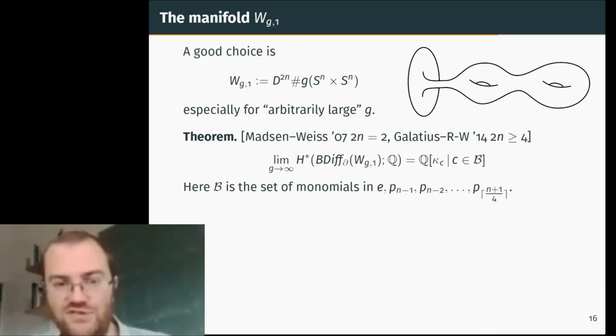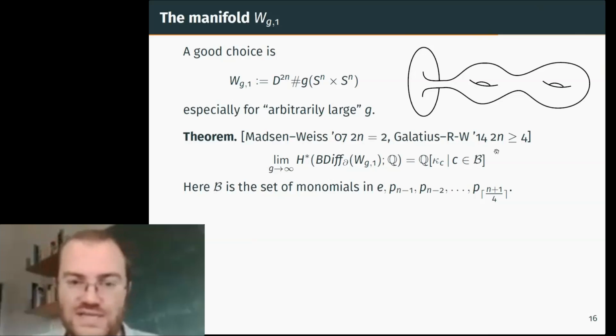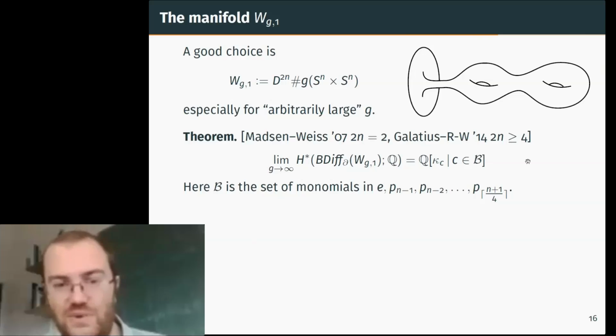So the first theorem that got this started is the theorem of Madsen and Weiss, which is exactly about this situation in the dimension I drew it, so in dimension 2. And then more recently, Søren Galatius and I worked out how to adapt those ideas to work in high dimensions. At the end of the day, we have the result in all even dimensions.